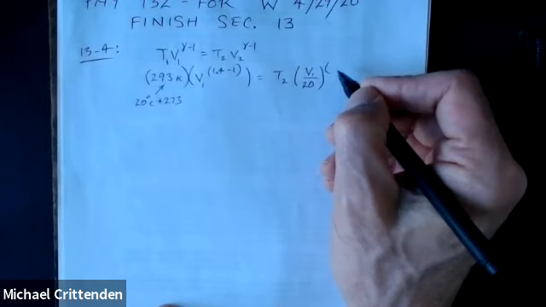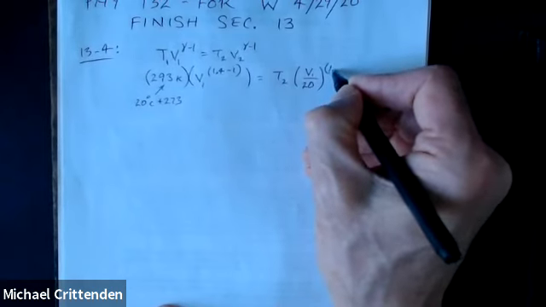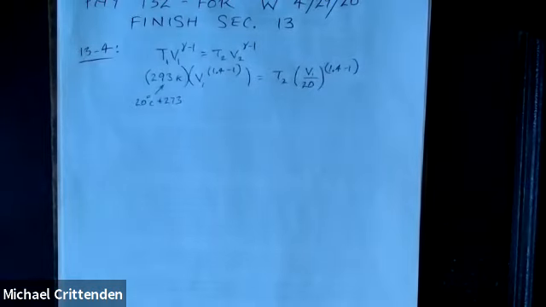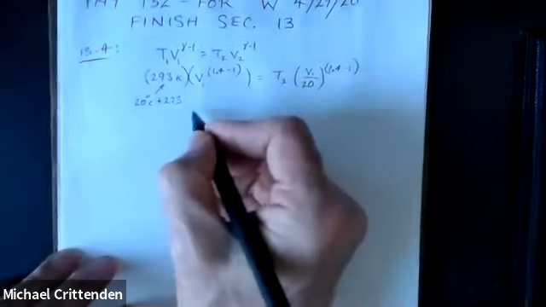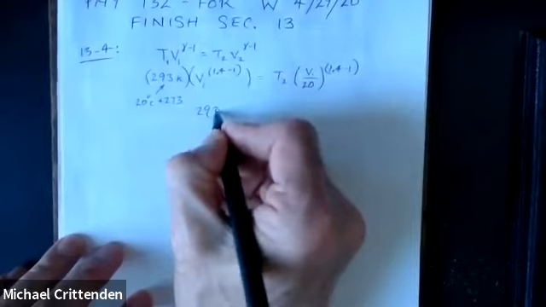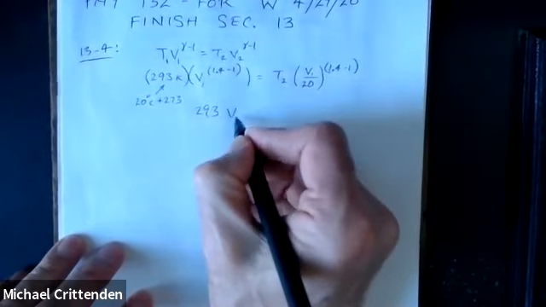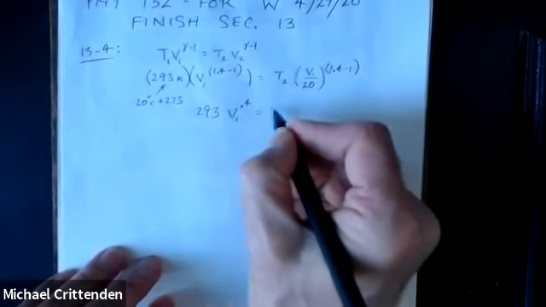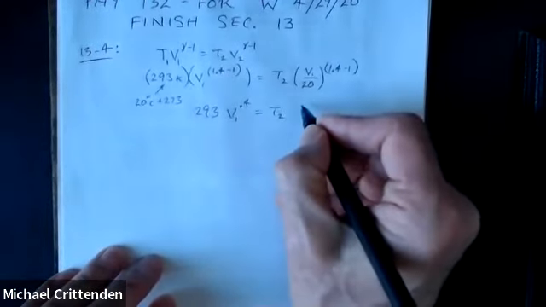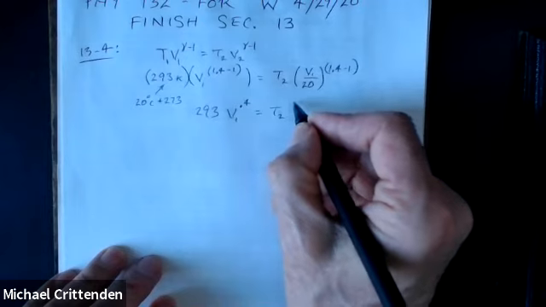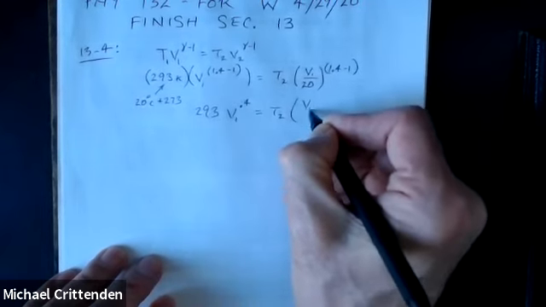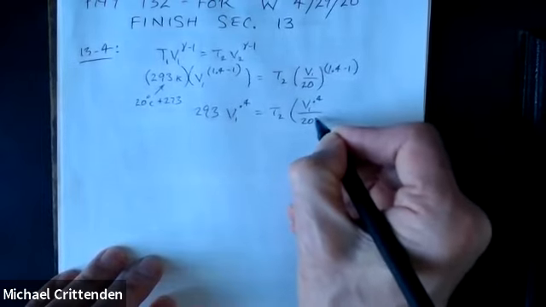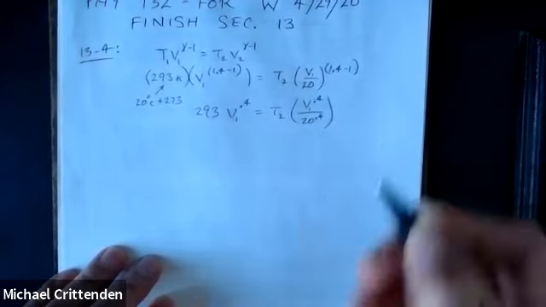And that's to the same exponent. So we've got 293 times V1 to the 0.4 power equals T2 times V1 to the 0.4 power over 20 to the 0.4 power.